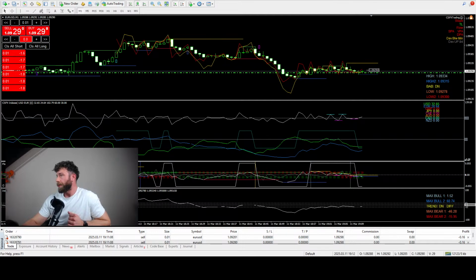Now we see where we go from here. Yeah, we are pretty exposed on this trade, but I'm confident it will move to the downside.